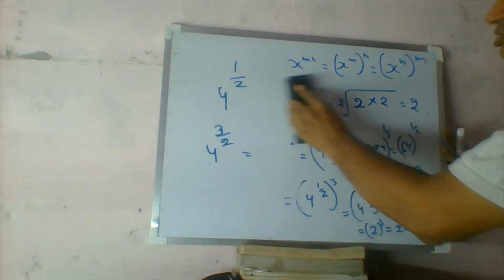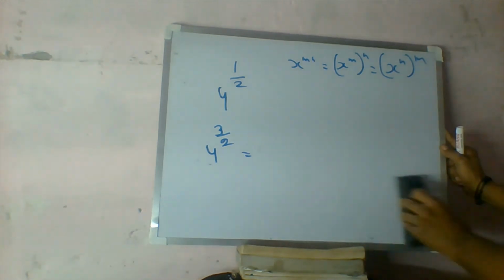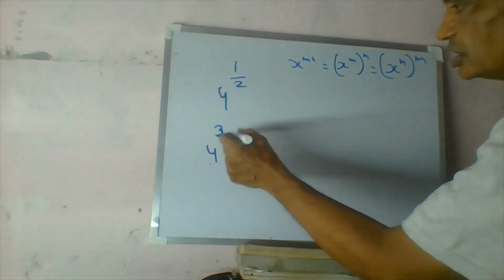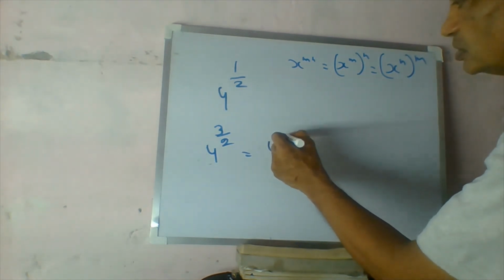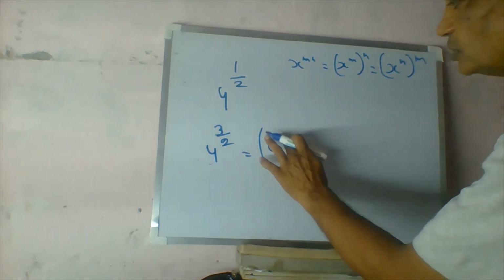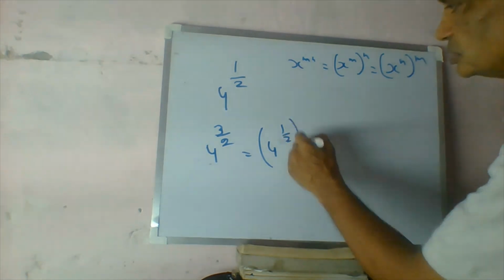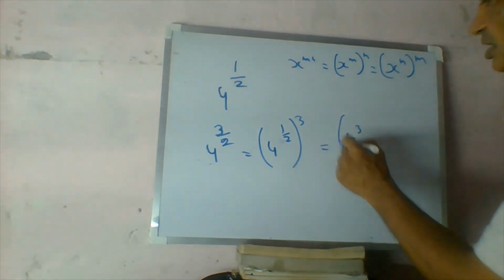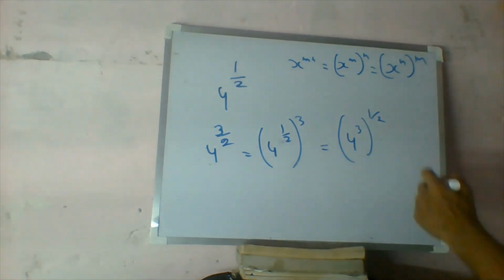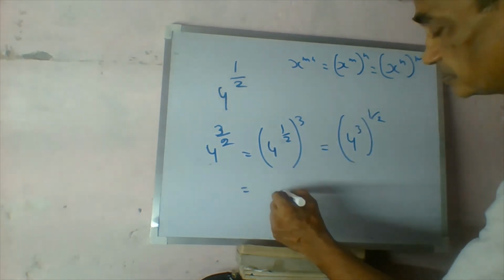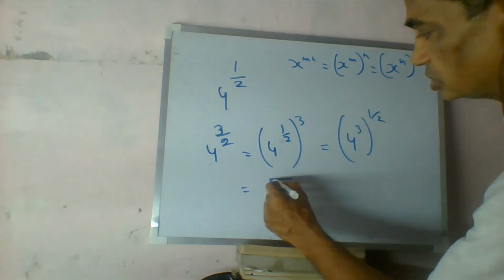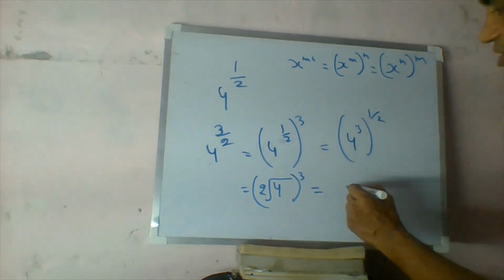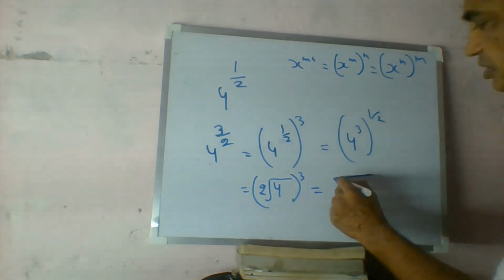So this gives us one very interesting rule also. That rule is 4 raised to power 3 by 2 can be written as 4 raised to power 1 by 2 raised to power 3, or it can also be written as 4 raised to power 3 raised to power 1 by 2. This can be written as the square root of 4 raised to power 3, or as the square root of 4 cubed.